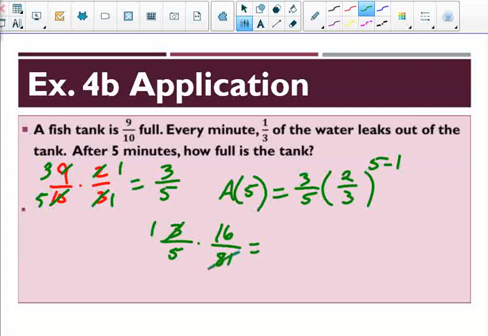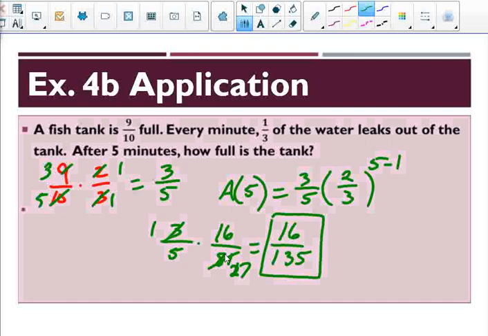Take a 3 out, that gives me 27. And then we multiply straight across, so we have 16 over 5 times 27 is 135. So after 5 minutes, your tank would have 16/135 amount left.